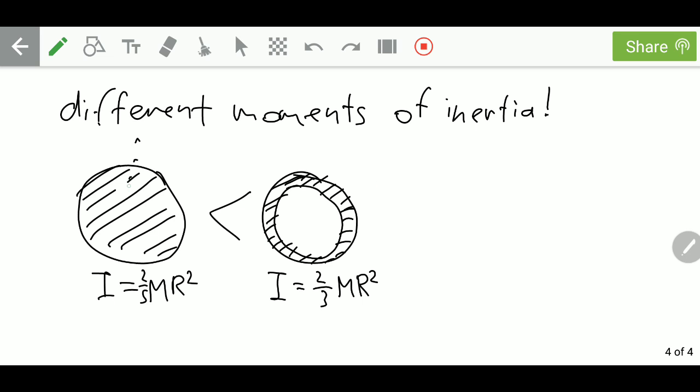Again, this is for an axis of rotation that passes through the center. It makes sense because here much more of the mass is concentrated away from the axis of rotation, whereas here you have all this interior mass that will be closer to the axis of rotation. I'm not going to attempt to derive these. That should really be in a video of its own. But these are two of a few moments of inertia that are worth committing to memory.